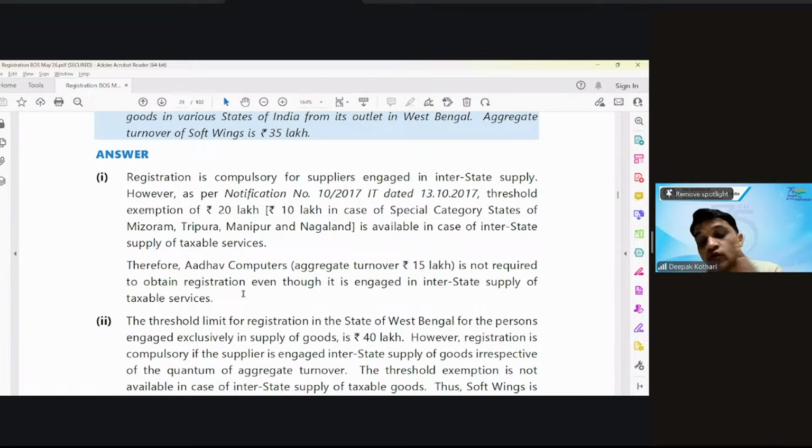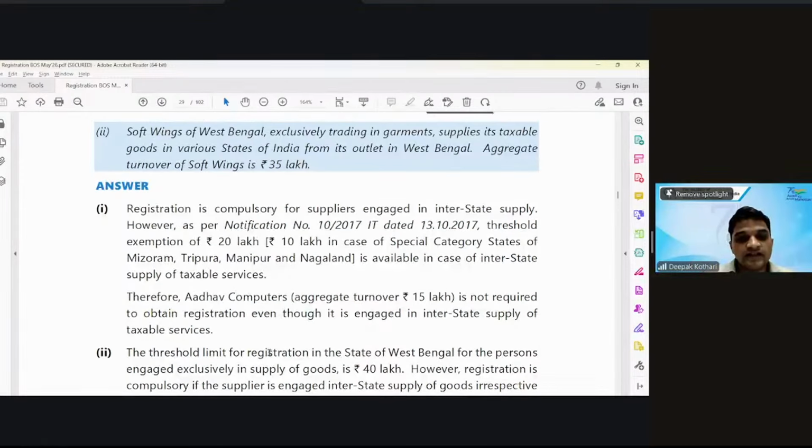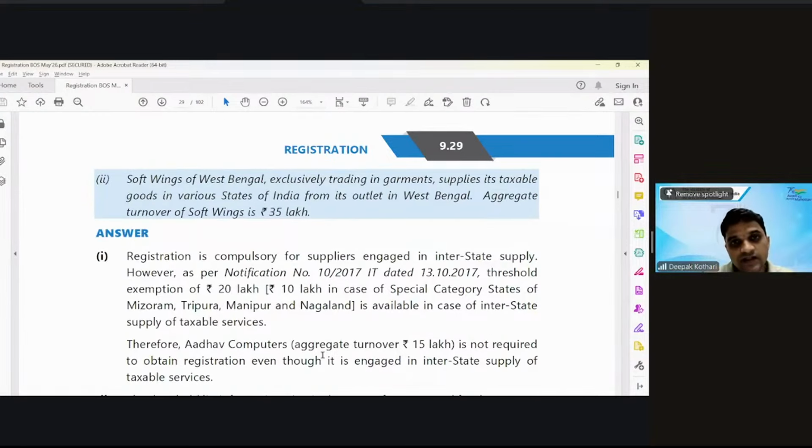So people are giving two incomplete answers. You have to give a complete answer saying that firstly, registration is compulsory since he's making interstate supply, but there is a notification which gives an exception to that rule, and it says that you do not have to register if you're making interstate taxable supply of services. So in this case he's making interstate taxable supply of services, so he need not register because his turnover is below 20 lakhs.